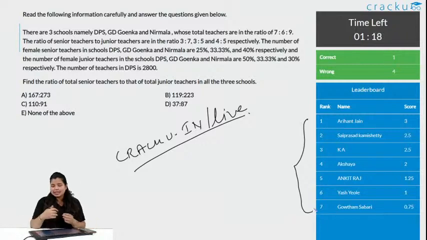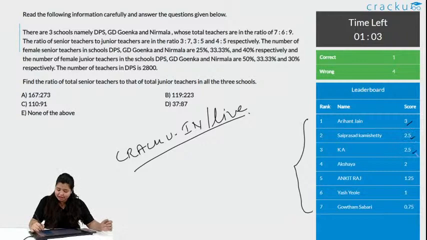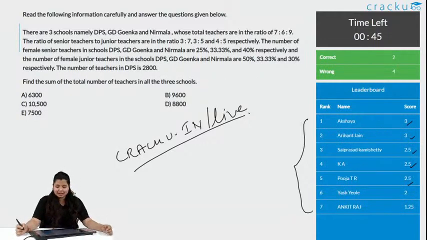Okay, now I can see the names on the leaderboard or scoreboard changing. Aryant has 3 correct answers, or scored 3. Then comes Sai Prasad with 2.5 and KA with the same score 2.5. Then Akshaya with score 2 and then Ankit Raj with 1.25 and Yash with 1. Okay, there's Pooja who is now up. The final minute, or you can say last 45 seconds.